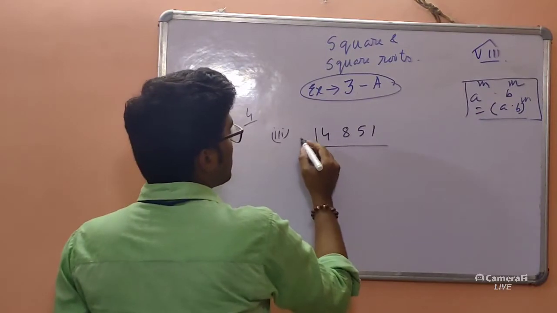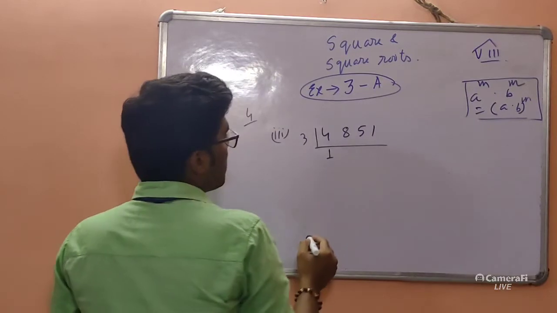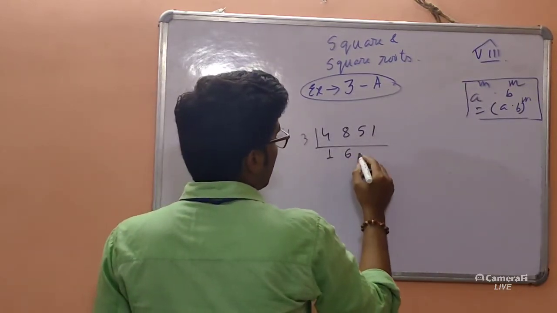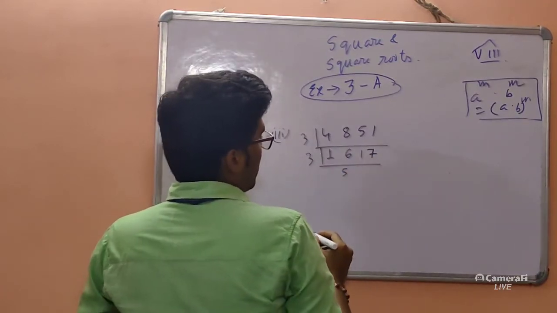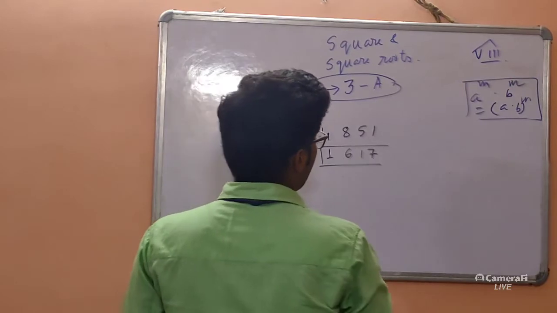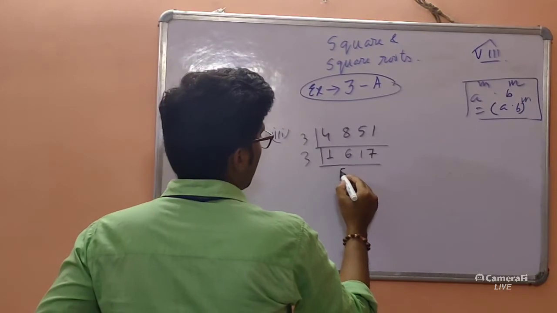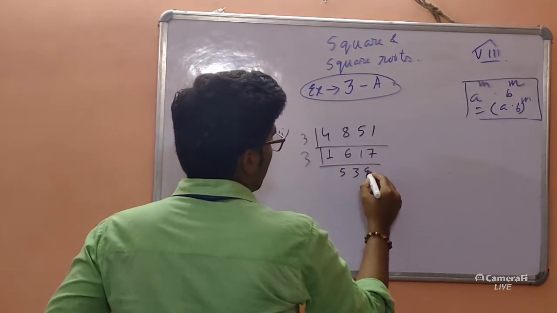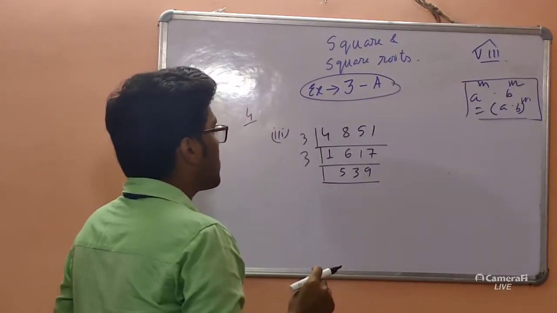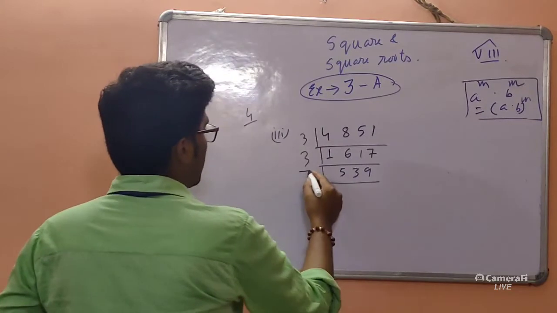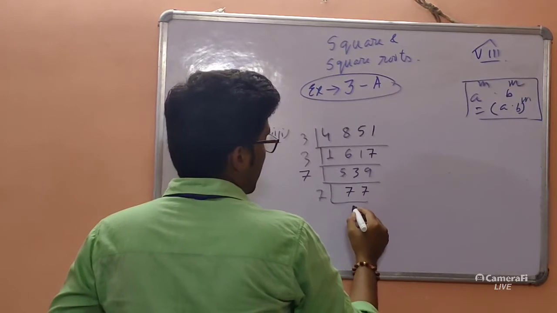Okay, so let us see. It is not going. So it is divisible by 7. Now this is divisible by 7 again.